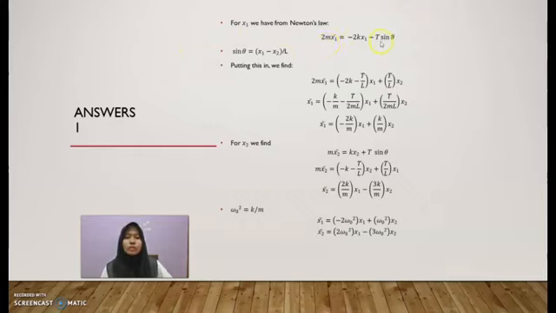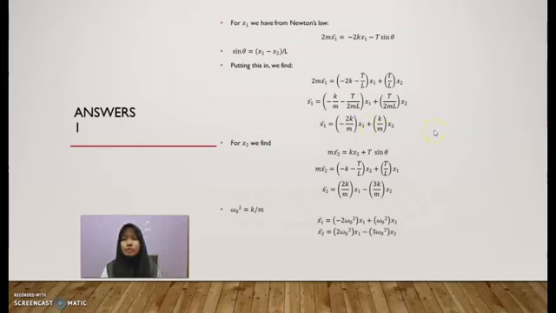So 2m x1 double dot equals negative 2k x1 minus T sine theta, and we substitute sine theta as (x1 minus x2) over L, so that we get 2m x1 double dot equals negative (2k minus T over L) x1 plus T over L x2. We divide by 2m, and we get x1 double dot equals negative 2k over m x1 plus k over m x2.